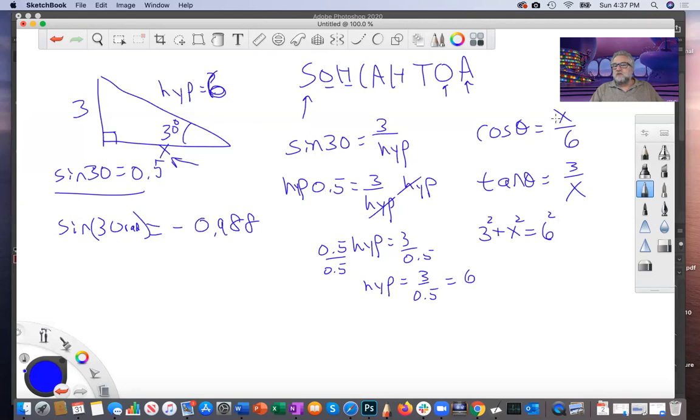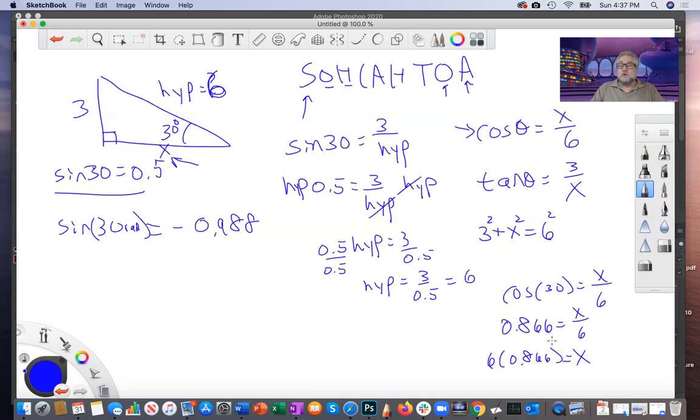I'm going to say since x is in the numerator here, this is the easiest choice. So I'll do cosine of 30 equals x over 6. Cosine of 30 comes out to be 0.866 equals x over 6. So 6 times 0.866 equals x. What's that?